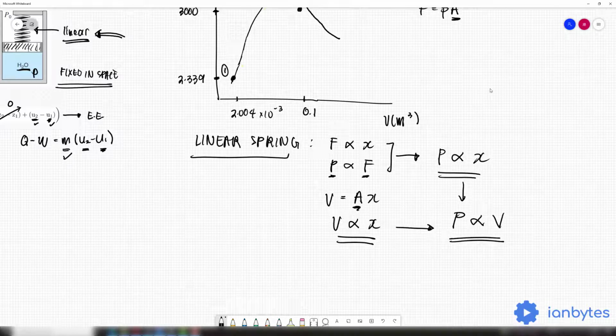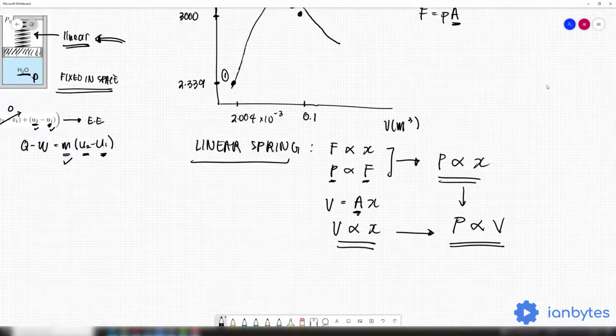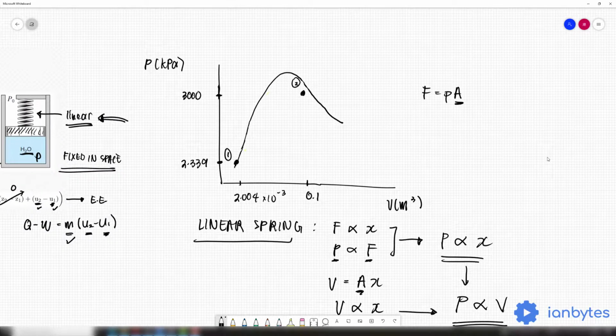This can actually be shown using a more complicated mathematical derivation using the first law of motion. But for now, we can conclude using this logic that pressure is linear with the volume, which means that our points 1 and 2 are connected with a straight line. Therefore, our PV diagram looks something like this. There you go. This is our answer to letter B.